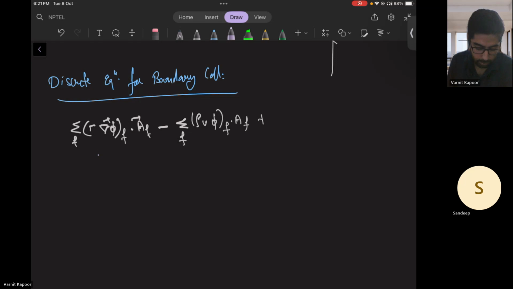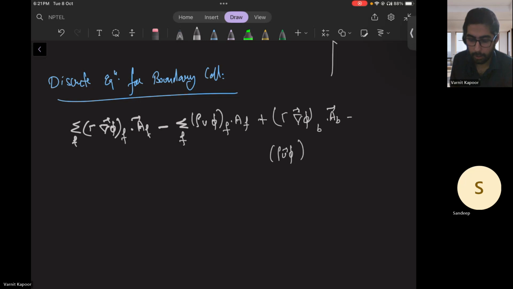This is your diffusion term, this is your convection term, plus the boundary terms, grad phi of B dot A_B minus rho U phi B dot A_B, plus some source terms S_C delta V, equal to 0.